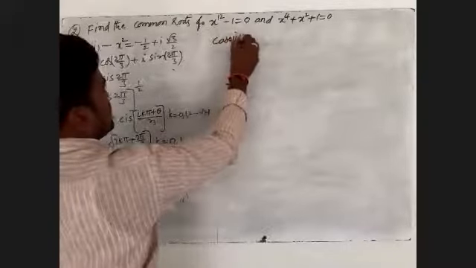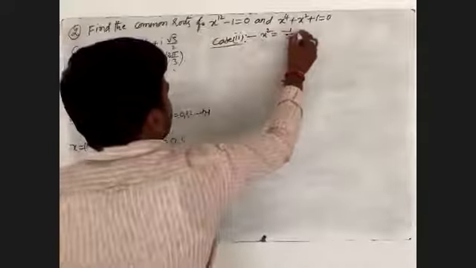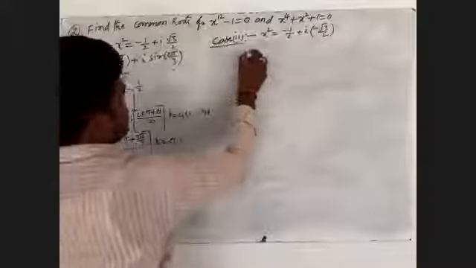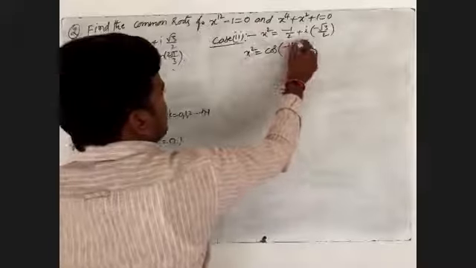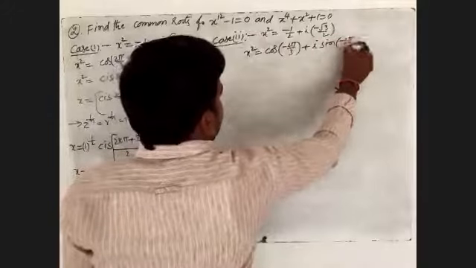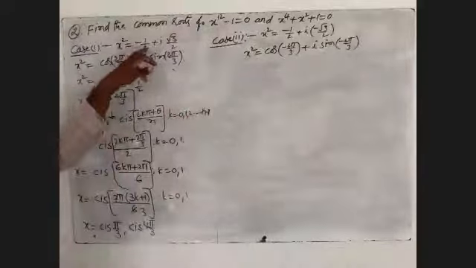Case 2 will become x square is nothing but minus 1 by 2 plus i into minus root 3 by 2. Consider one can be written as x square is equal to cos of minus 2 pi by 3 plus i into sin of minus 2 pi by 3. Why? Because cos of minus 2 pi by 3 is nothing but minus 1 by 2.